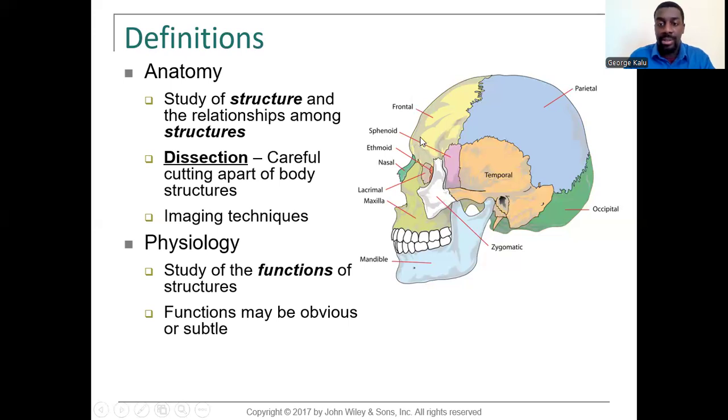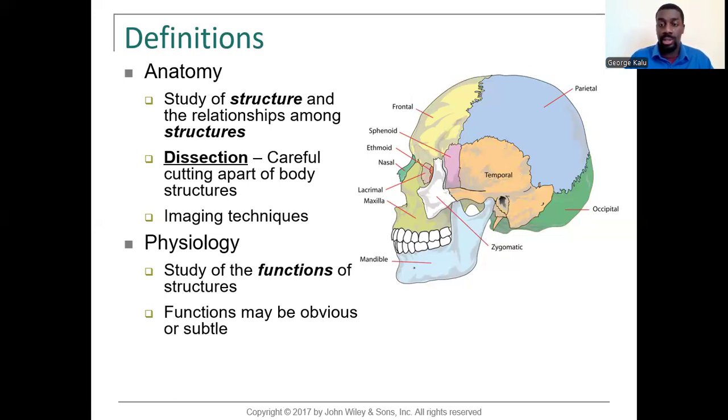So here we have an example of a skull. And so if we wanted to study the anatomy, we could study, how is the parietal bone articulated or joined with the temporal bone? And what's their relationship to the frontal bone? What's their relationship to the occipital bone? And learning about how they're structured and how they're put together. The physiology component of this would be what's the function of each of these things?